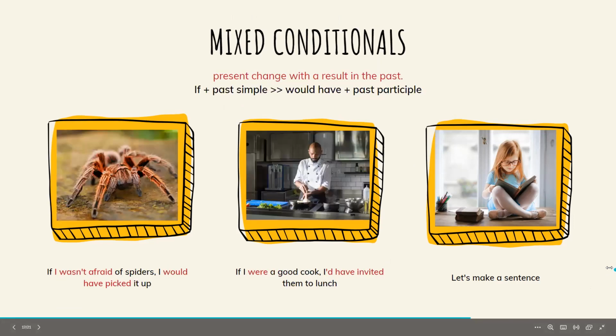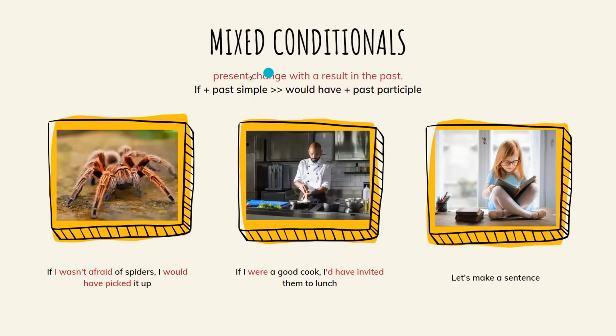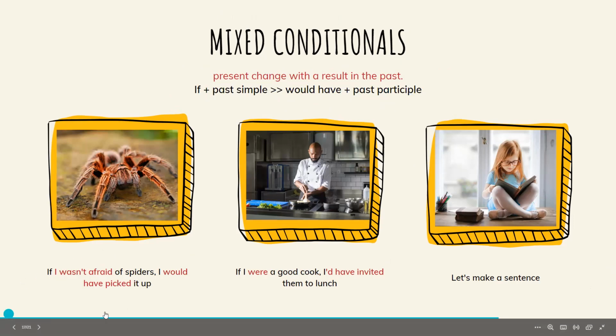We will continue with the other type of mixed conditional, right? Present change: now we change something in the present, and we see the result in the past. So the structure is if plus past simple, would have plus past participle. Look at the sentences. If I wasn't afraid of spiders, I would have picked it up.